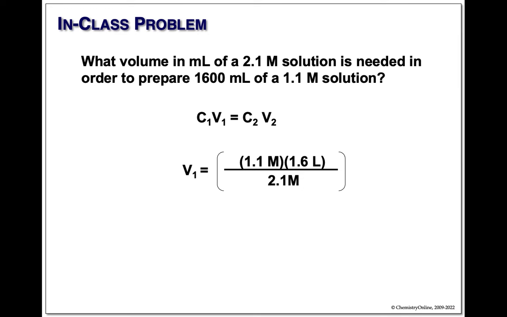We're going to cancel moles per liter. 1.1 times 1.6 divided by 2.1: 0.84 liters or 840 milliliters.